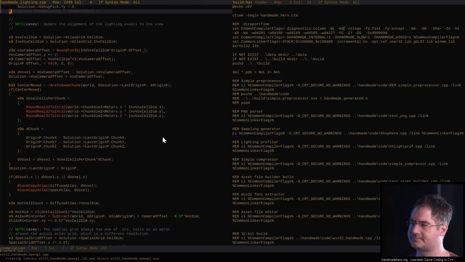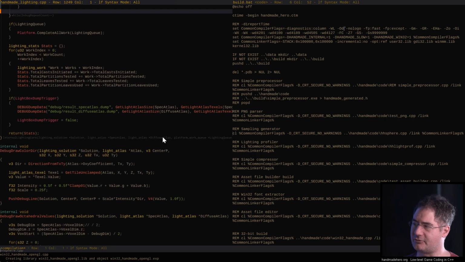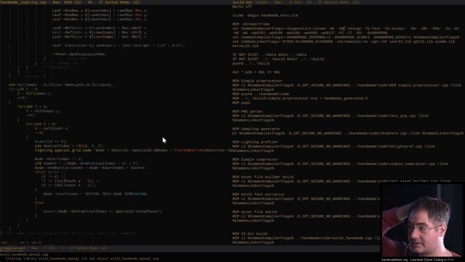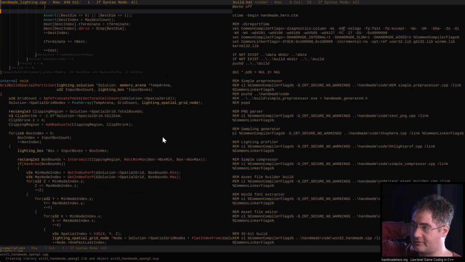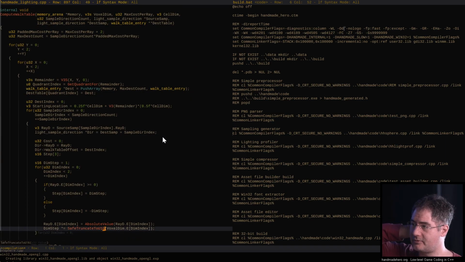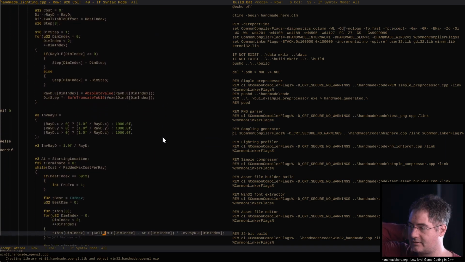So like, if we can. I'm trying to think of how you would build these tables so that that would still work. When we compute the walk table, you can see what would happen here is it never really would hit the padded max cost per array.